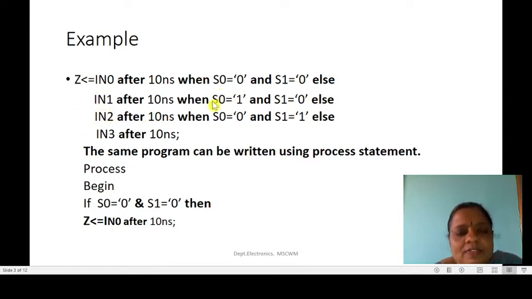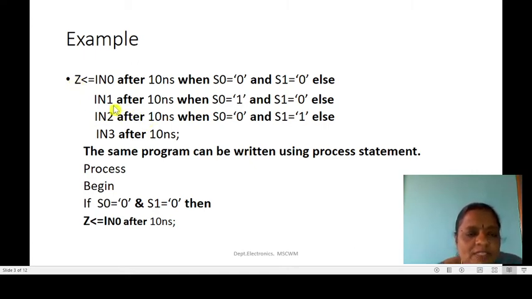And once again, if this condition is also false, it checks the next statement. If all these three are false, then it gives the value for the target signal as IN3 after 10 nanoseconds. Okay, after 10 nanoseconds, the IN3 value is given here.